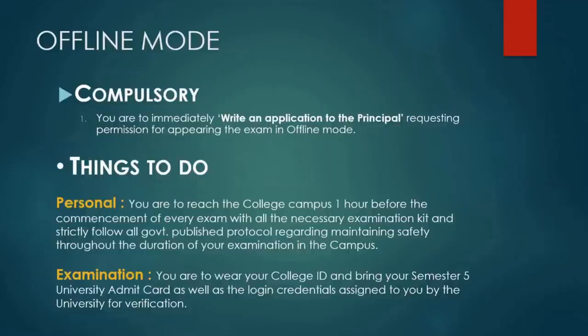And you will have to come with all the necessary examination kit. That means your pen, pencils, erasers, writing board, everything. And strictly follow all government published protocols regarding maintaining safety throughout the duration of your examination in the campus, which involves social distancing, wearing masks, sanitization, etc.